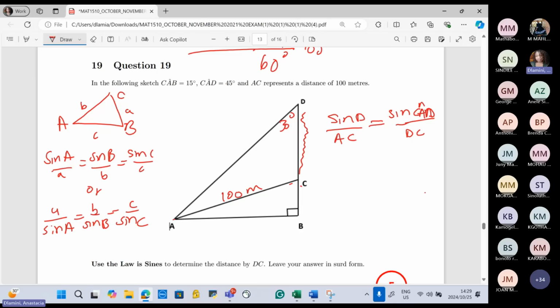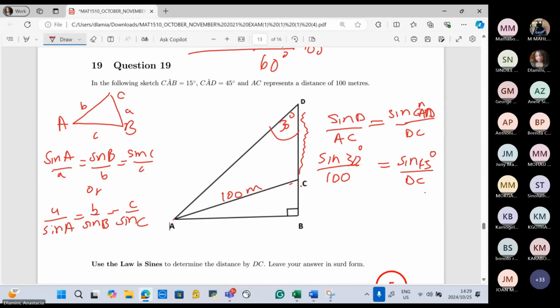You know this one, right? So it's sine 30 degrees over 100 equals sine 45 degrees over DC.